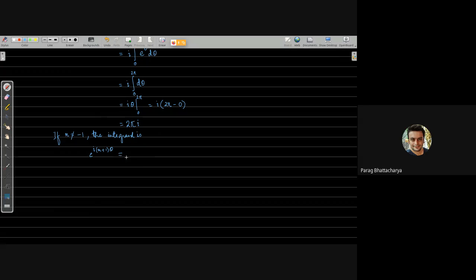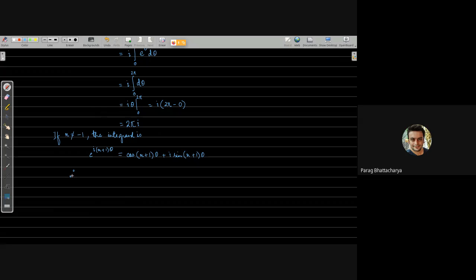If n is not equal to -1, the integrand becomes e to the power i n plus 1 into theta. This integrand you can simply write using Euler's notation. So this is going to be equal to cos of n plus 1 into theta plus i into sine of n plus 1 into theta.